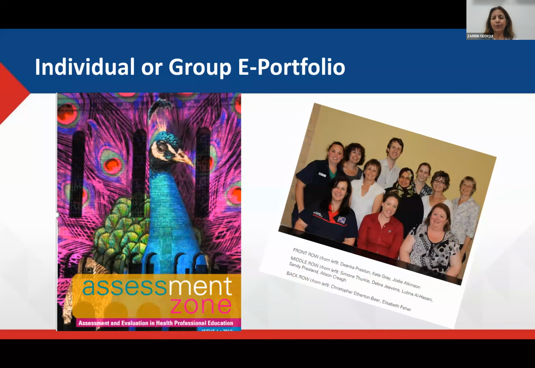This one was also a very successful initiative. This is my first group who actually started it, and they selected the name Assessment Zone. Again, this is available online if anybody wants to see.